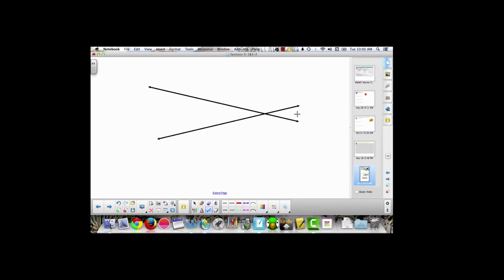Notice that these two lines are not parallel, but the green line still is a transversal. This is because it intersects these two lines in two different points.